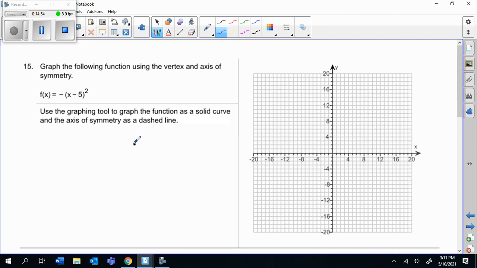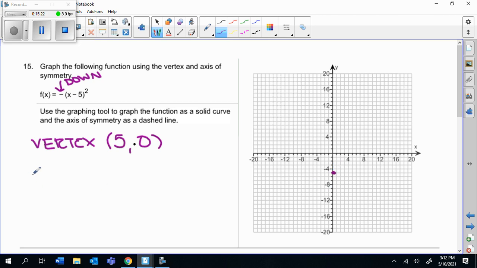Next page. Graph the following function using the vertex and axis of symmetry. So let's think about what we know. We know that because that's negative, please anticipate that you know it's going to go down. We know my vertex is going to be at 5, 0. So down 1, 2, 3, 4, 5.